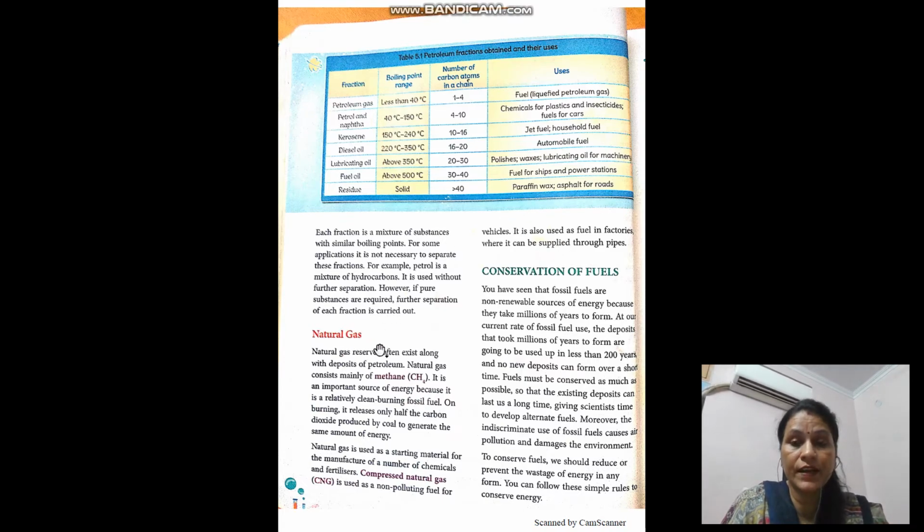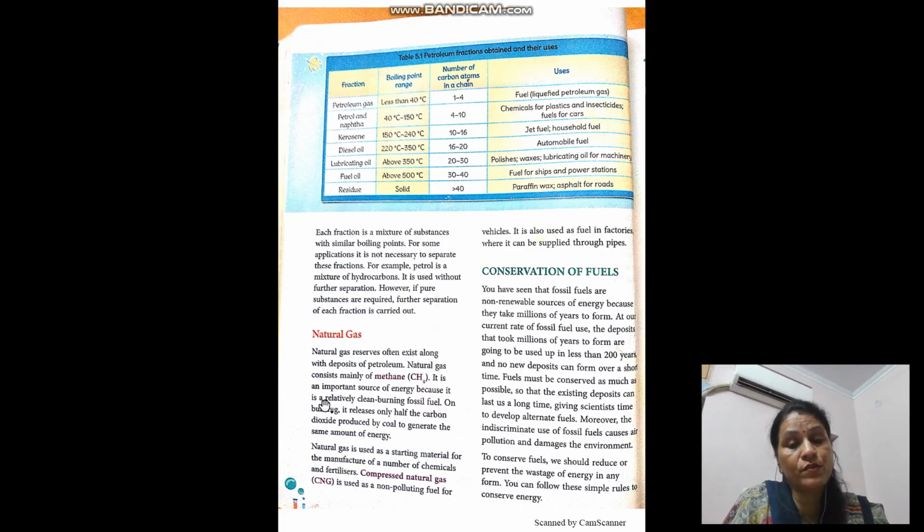In the same way, natural gas reserves often exist along with the deposits of petroleum. Natural gas consists mainly of methane. The main component of natural gas is methane. Its reserves are present near the petroleum deposits. It is an important source of energy because it is a relatively cleaner burning fossil fuel.